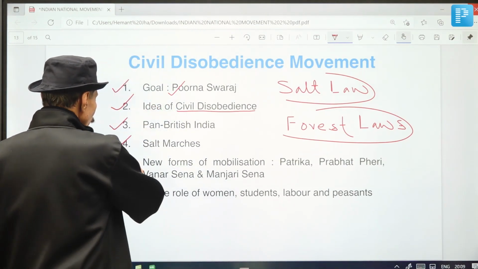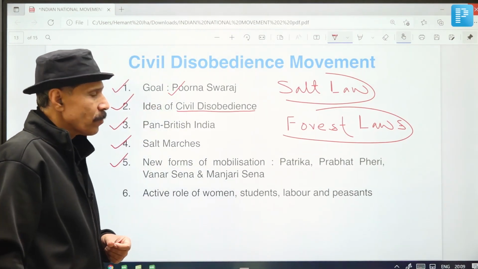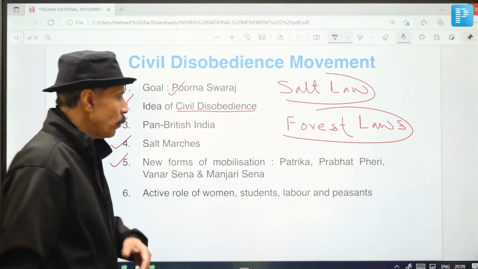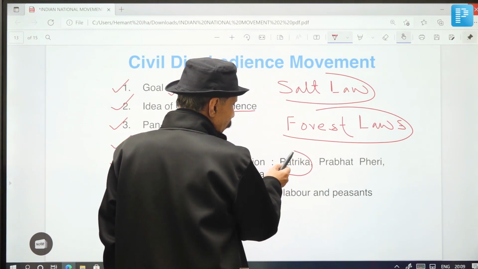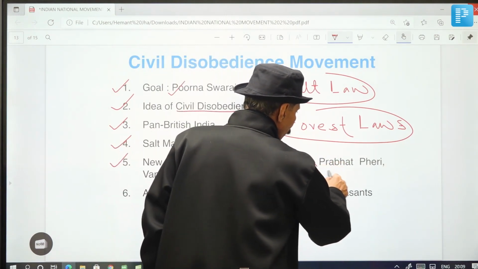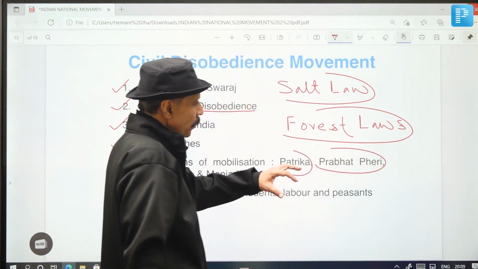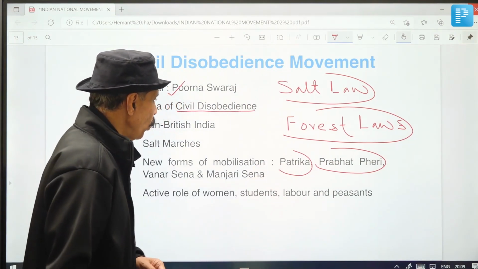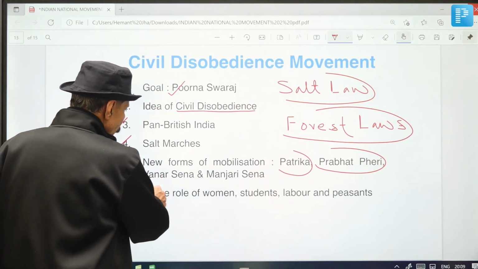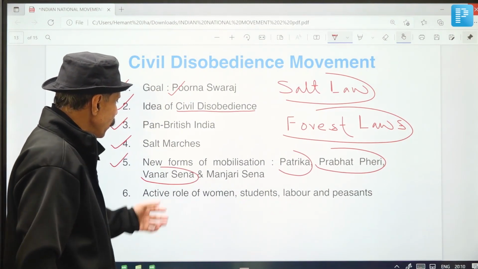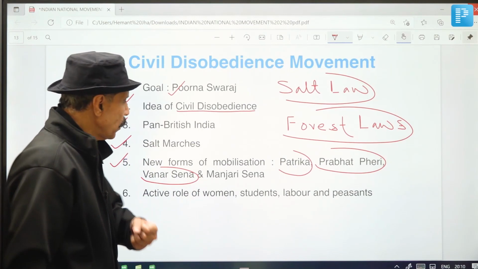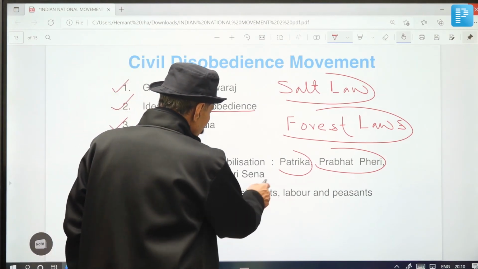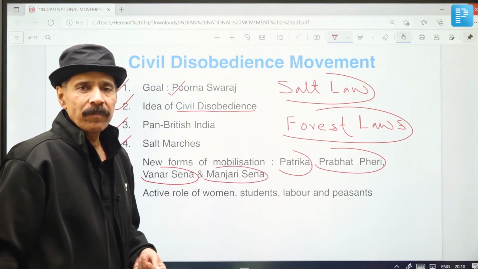Next is new forms of mobilization. And these new forms were Patrika, that is magazines, Prabhat Feri, that is making rounds in the morning, Vanar Sena, that is the band of boys, and next Manjari Sena, that was a band of girls.